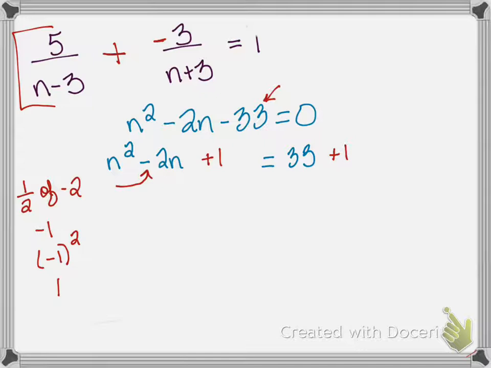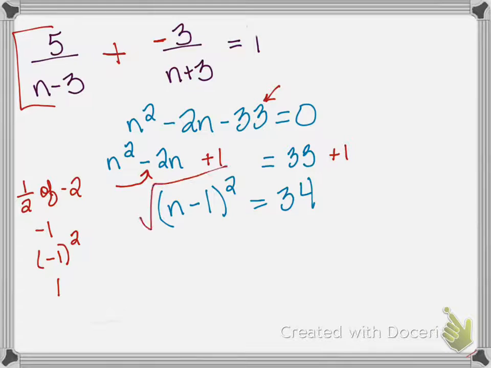By design, we have created a perfect square trinomial. We wanted that. So that factors to n minus 1 squared. That's because two numbers multiplied together that give me positive 1 and add together to give me negative 2 are negative 1 and negative 1. Now, my next step is to take the square root of both sides.